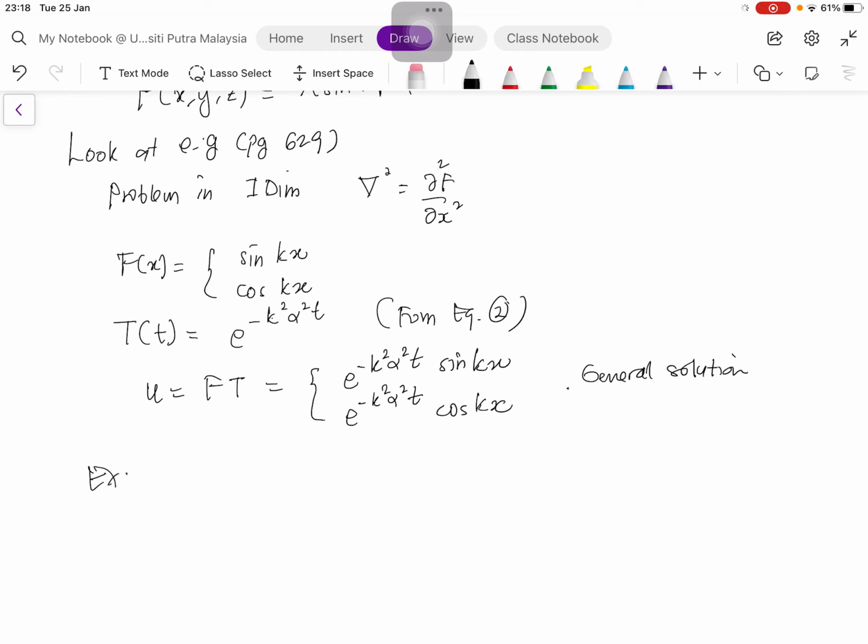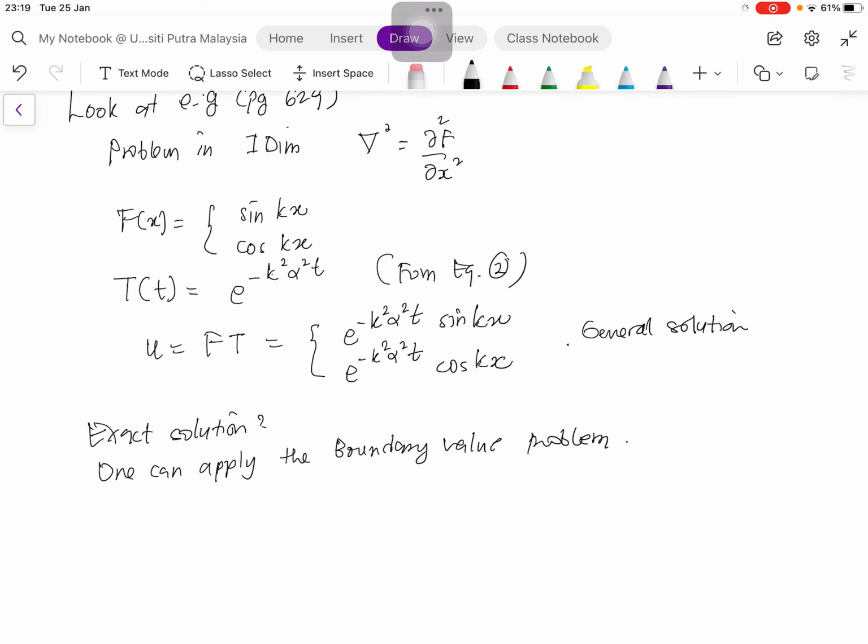If you want to go for an exact solution, what do you do? Then you apply the boundary value problem. So one must determine k.